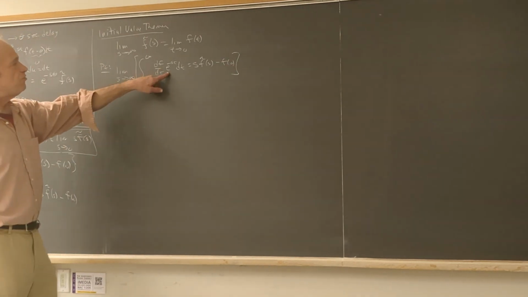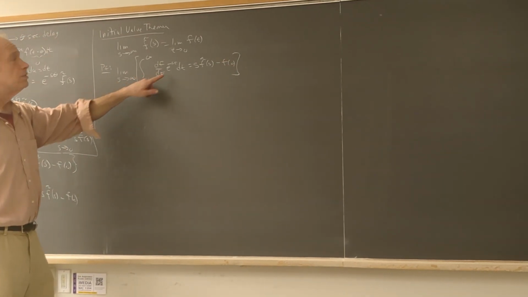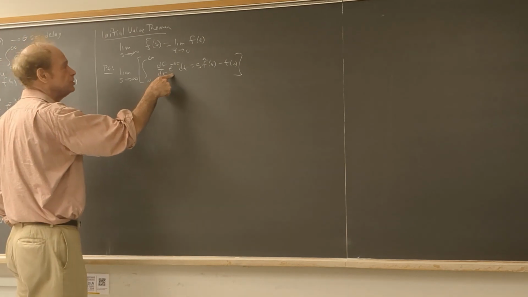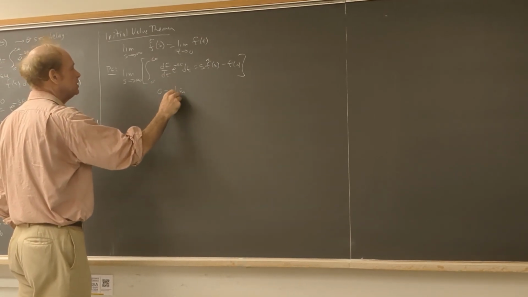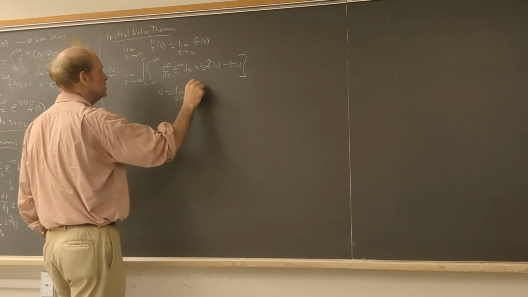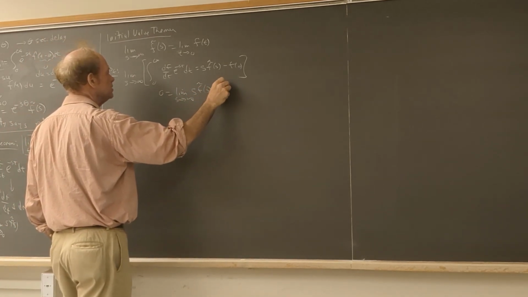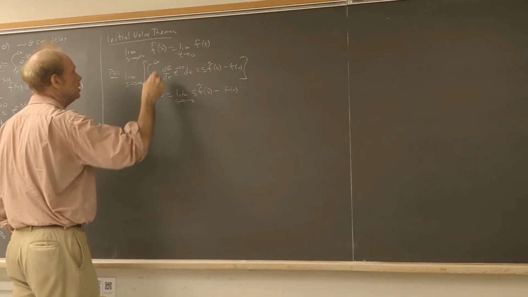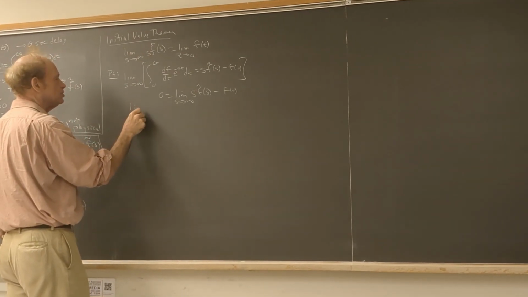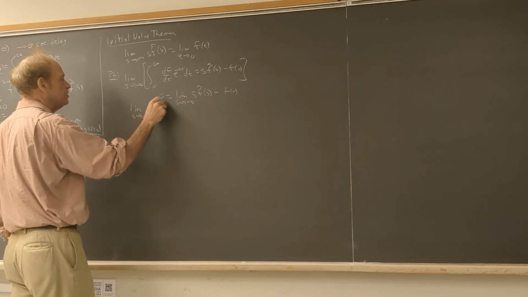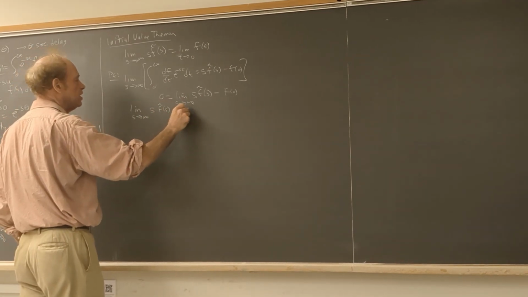Well, as s goes to infinity, this just goes to 0. So the integral of 0 is just 0, and I have 0 is the limit as s goes to infinity of s f tilde of s minus f of 0, which tells me that the limit as s goes to infinity of s f tilde of s is equal to f of 0.